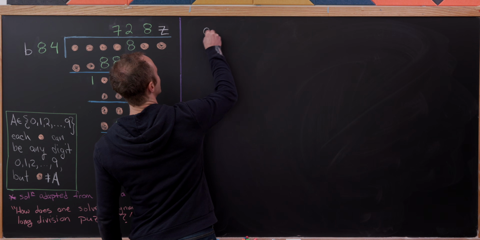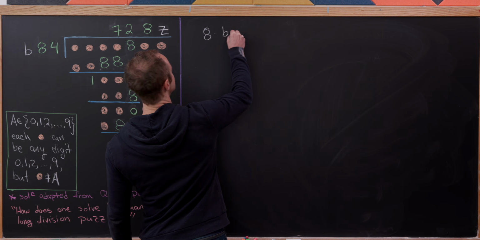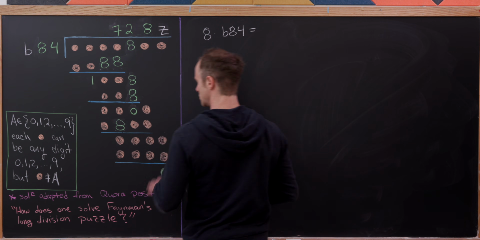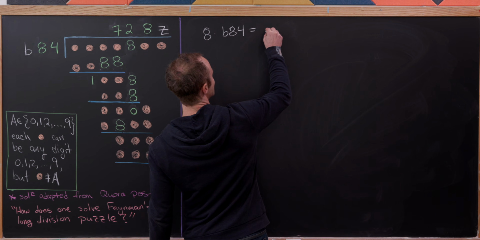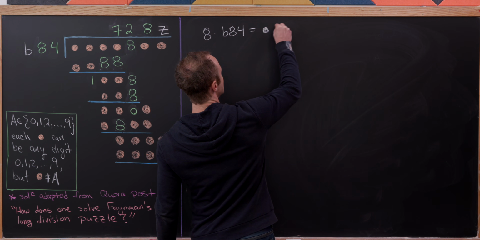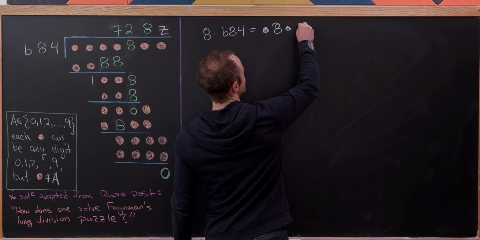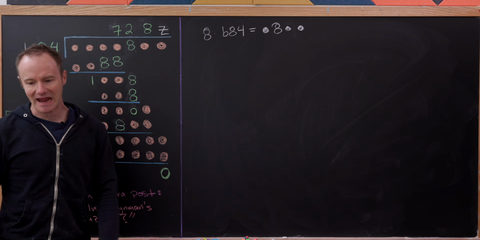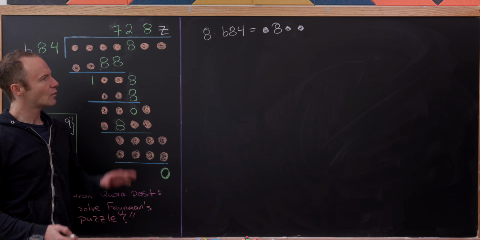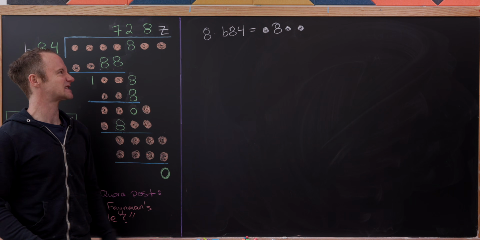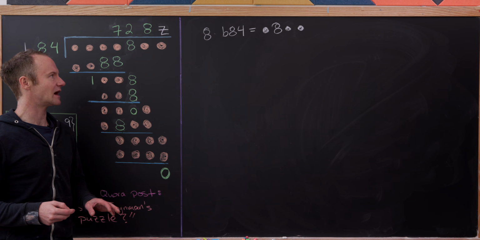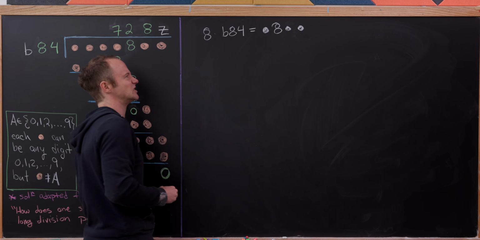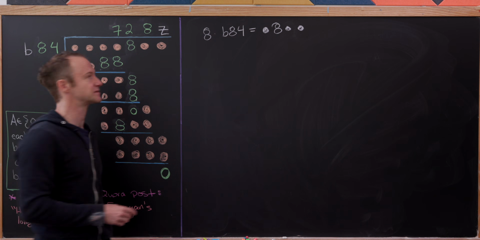So we have 8 times b84 must be equal to, well, notice that it's something 8 something something. So what we know is that it's got an 8 in the hundreds place. Well, just as we did before, let's expand that out, keeping in mind that we know what the digit b is representing. It's in the hundreds place.